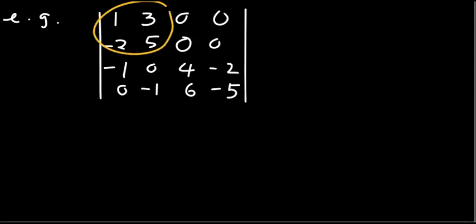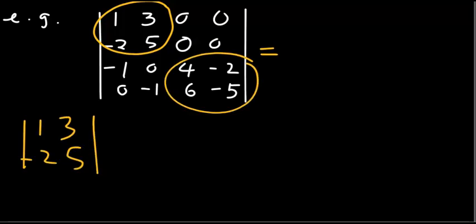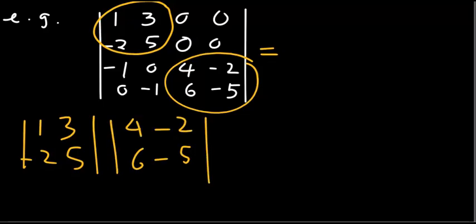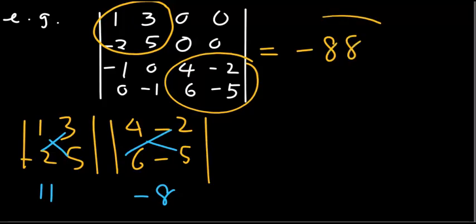The answer is quite simply the product of two determinants, one of which is 1, 3, minus 2, 5, and the other is 4, minus 2, 6, minus 5. The first one, 5 plus 6, is 11. The second one is minus 20 plus 12, which is minus 8. So immediately you see the answer is minus 88.